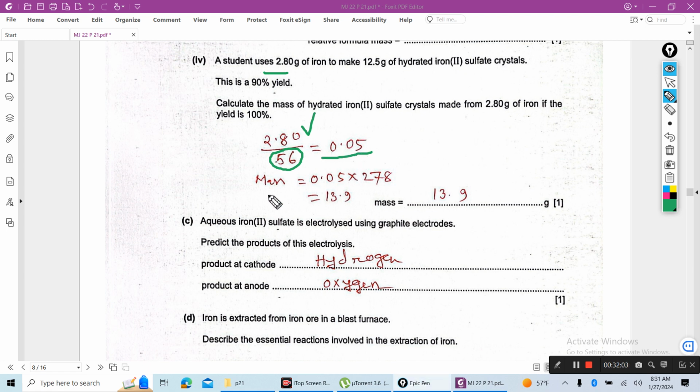Moles of iron and moles of hydrated iron 2 sulfate will be the same, so mass is number of moles times molecular mass. At 100% yield, that's 13.9 gram.